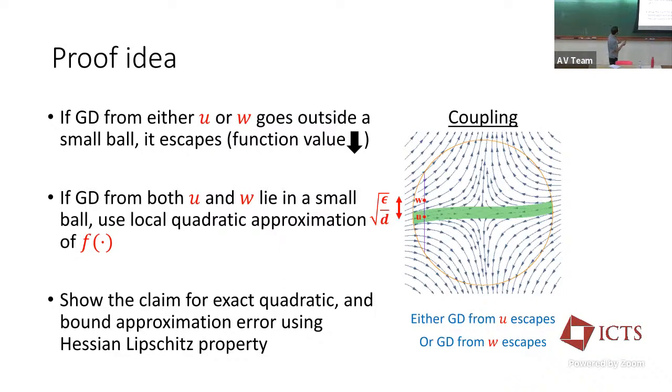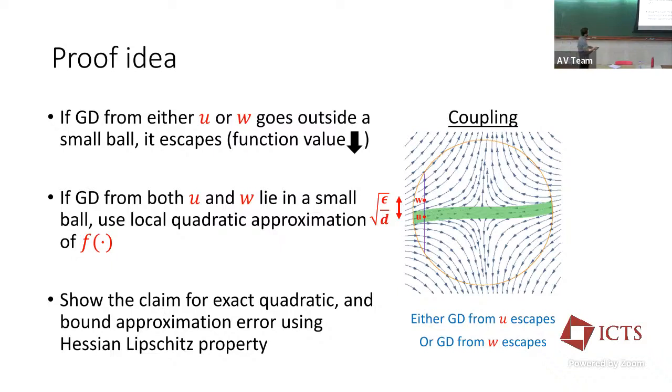And if gradient descent from both u and w lie in a very small ball, then we can actually construct a very good local quadratic approximation for this function. For this quadratic approximation, we saw earlier that this bad set is exactly like this thin disk and has a very small volume. So we can exactly quantify this set.